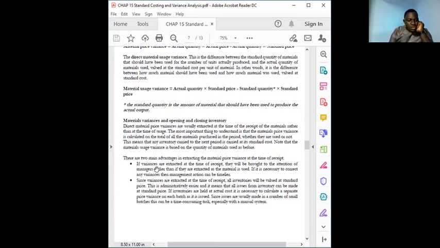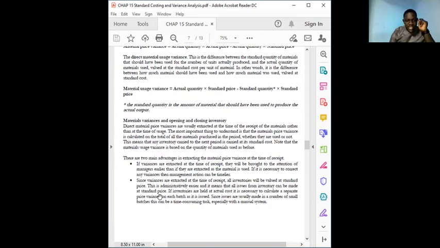Now, there are two main advantages in extracting the material price variance at the time of receipt. If variances are extracted at the time of receipt, they will be brought to the attention of managers earlier than if they are extracted as the material is used. If it is necessary to correct any variances, then management action can be timely. Also, since variances are extracted at the time of receipt, all inventories will be valued at the standard price.